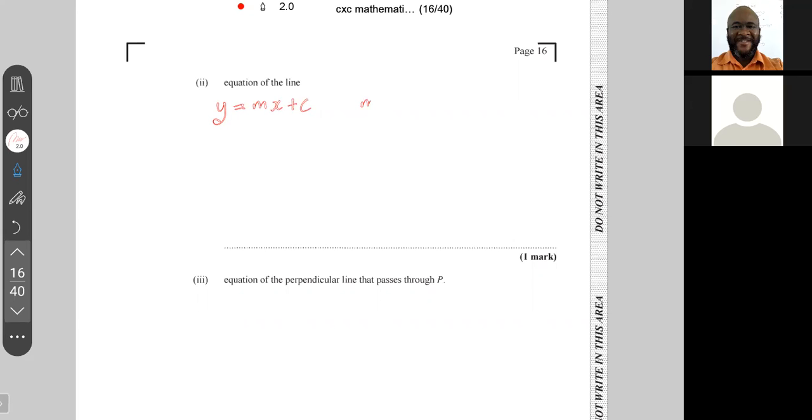m, we know, is minus 4 over 5. And c from inspection is 4. c is where the graph cuts the y-axis. c is 4.